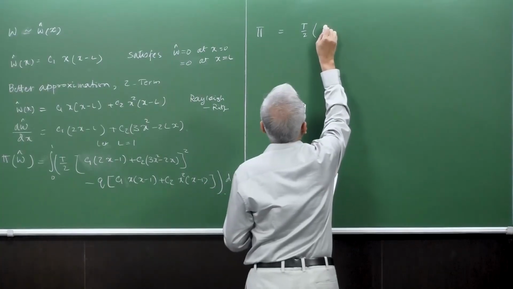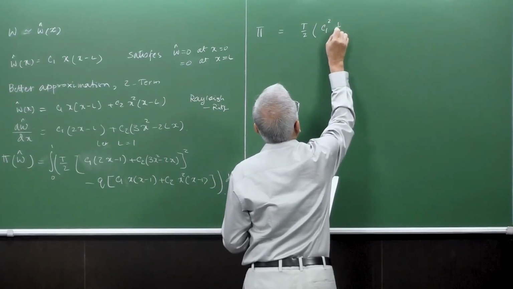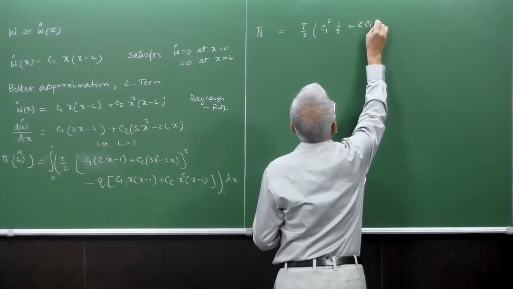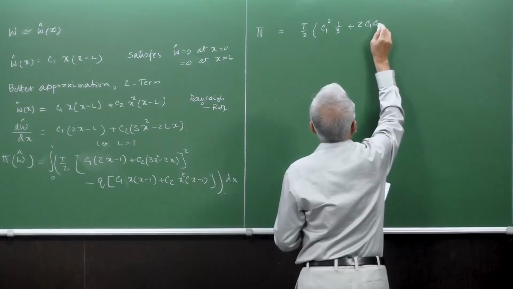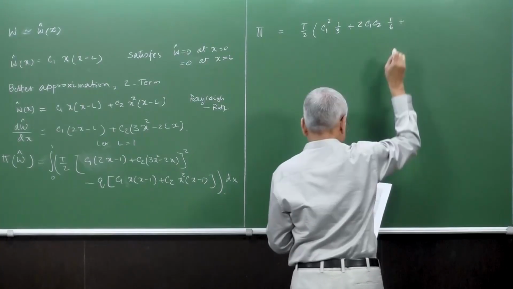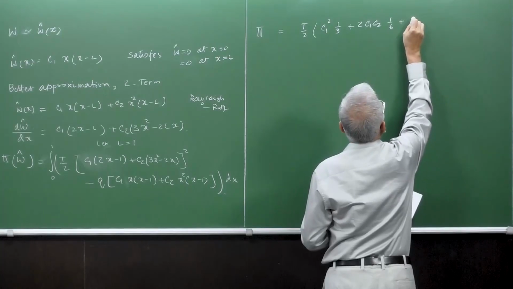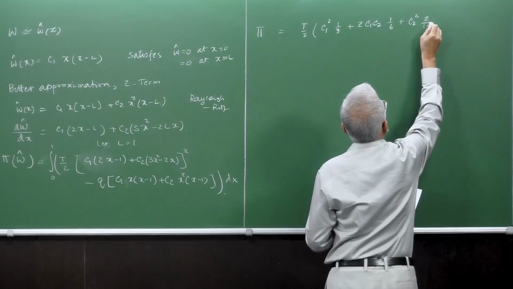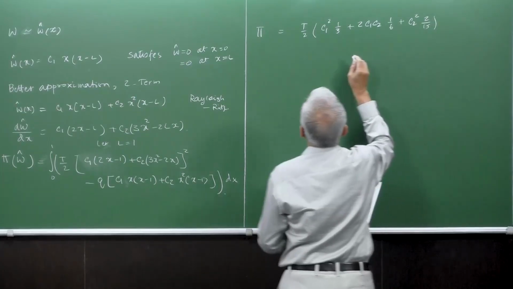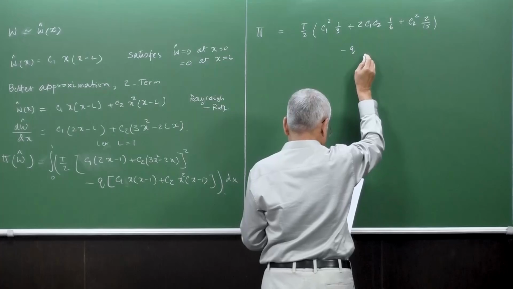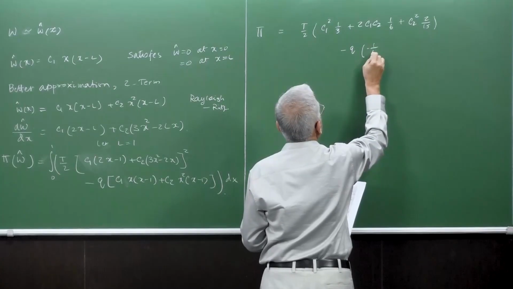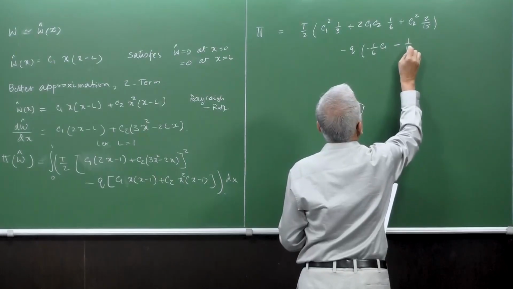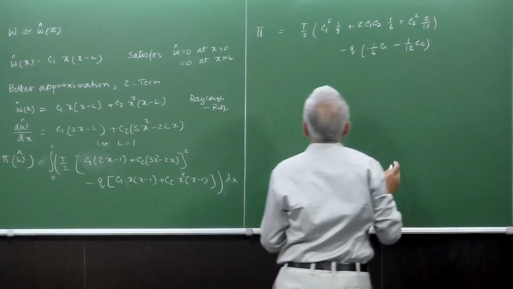So it is EI by 2 [C1 square times 1 by 3, and twice C1 C2 times 1 by 6, and C2 square times 2 by 15], and minus q times 1 by 6 C1. So this is what pi is.